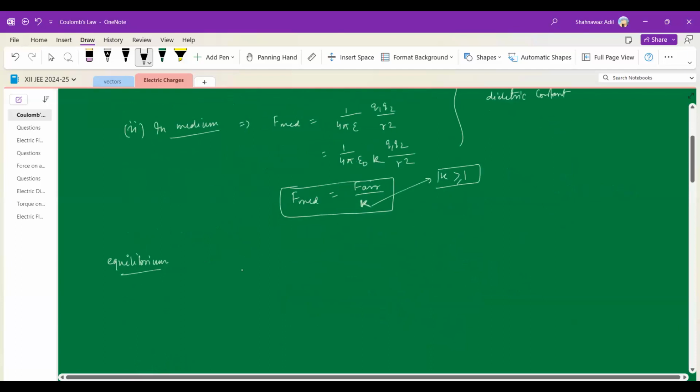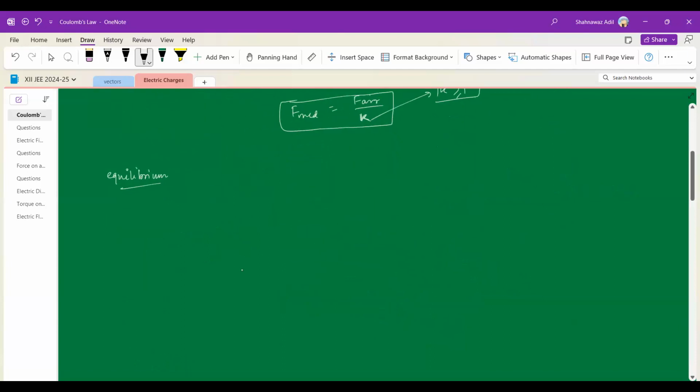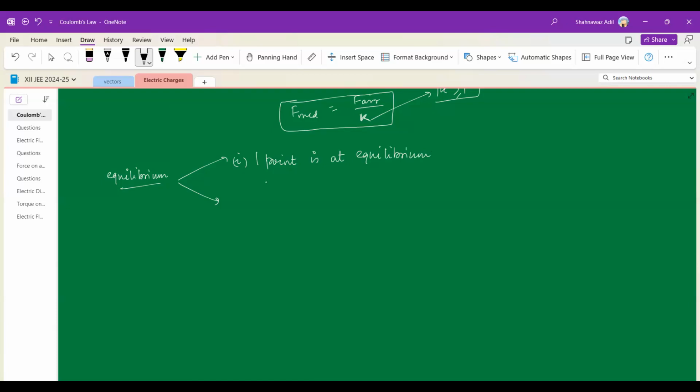Then the other concept that we would be using is equilibrium. There are two kinds of equilibrium. In one, a single point is at equilibrium: there are two charges, say Q1 and Q2, you place a third charge, and you find the position of that charge so that it is at equilibrium.